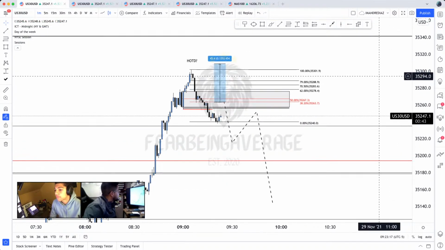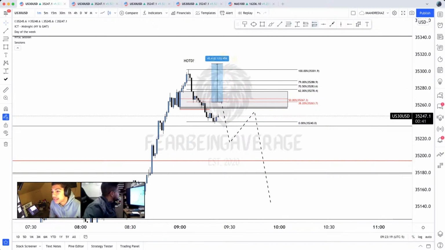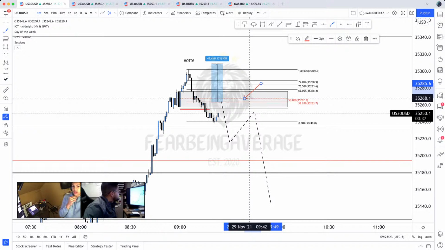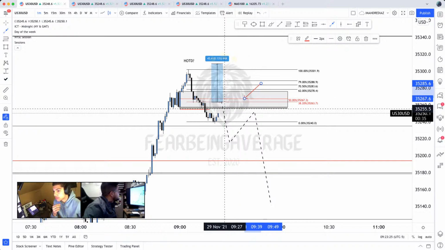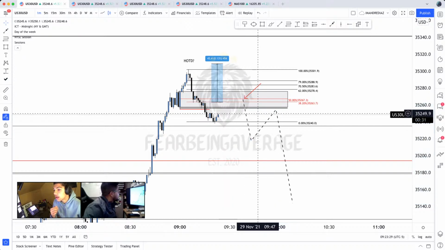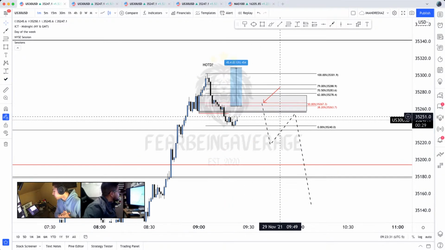Let's see. Time and price. If we get into this area and price at around 9:30, we should be able to see a drop in price. That's what I'm anticipating. If we don't and we take the L, that's why you keep risk small. You don't risk anything you aren't willing to lose.